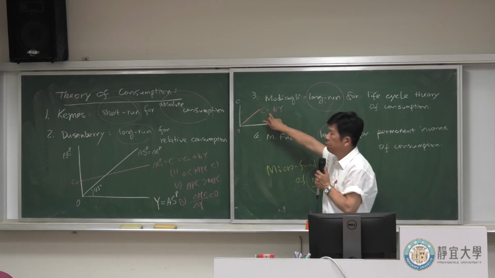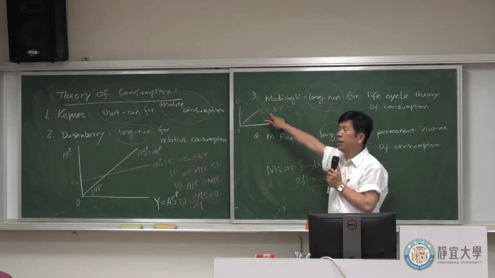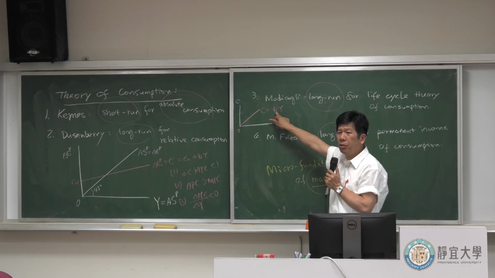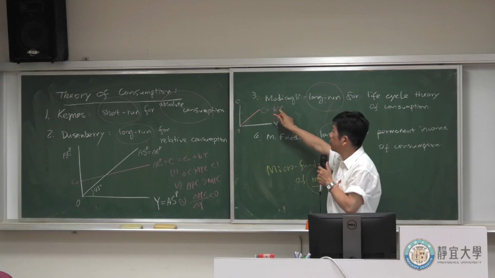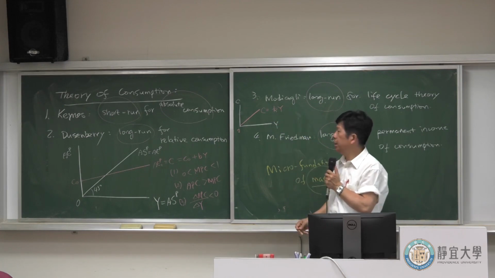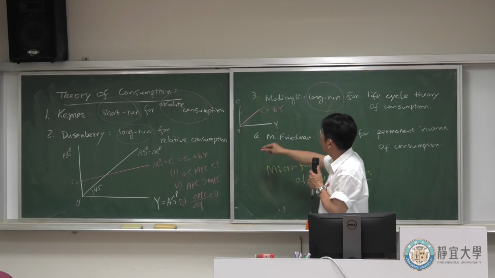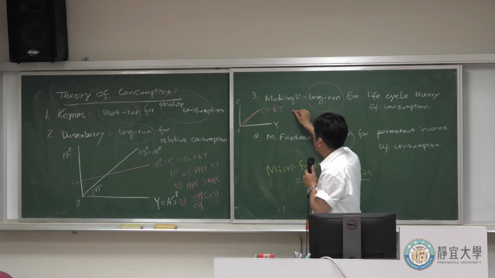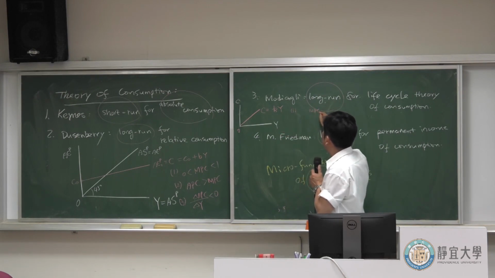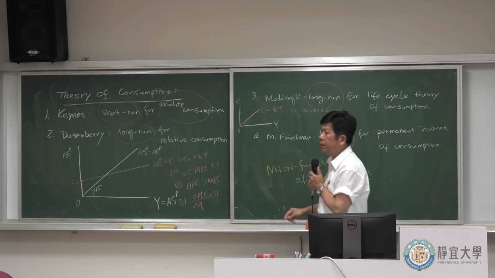If we draw the consumption function like this, we call it the long run. What is special? First, MPC is less than 1 and larger than 0.